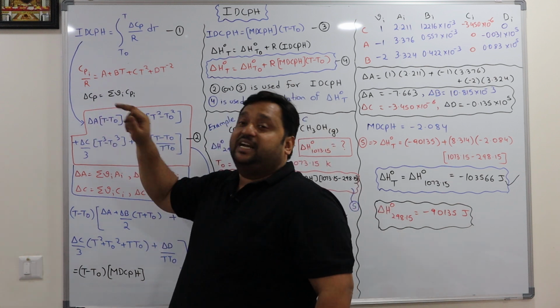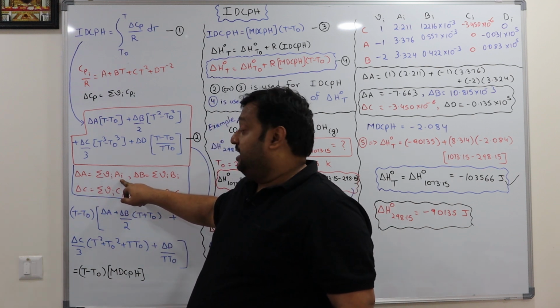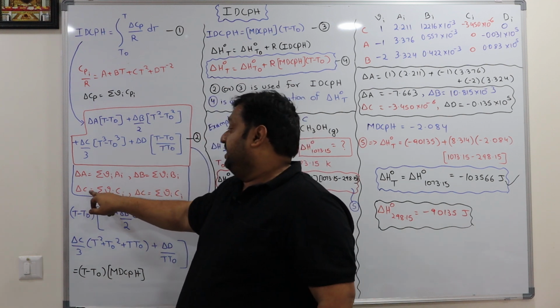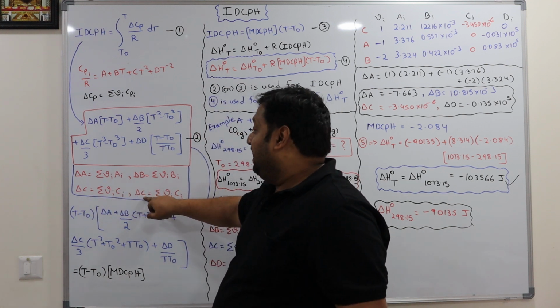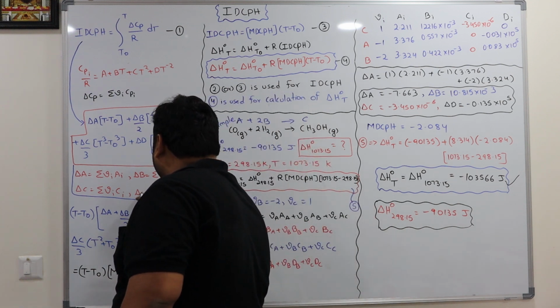What is this delta A? Delta A is nothing but sigma Vi into Ai. Delta B is sigma Vi into Bi. Delta C is sigma Vi into Ci. And delta D is sigma Vi into Di.